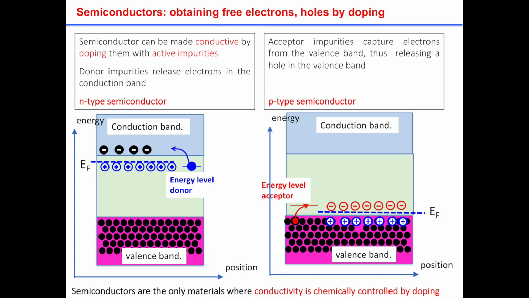Then you have electrical conductivity. The other way to have conductivity is to put acceptor impurities, which will capture electrons from the valence band. They will leave a hole behind, and they will become negatively charged.